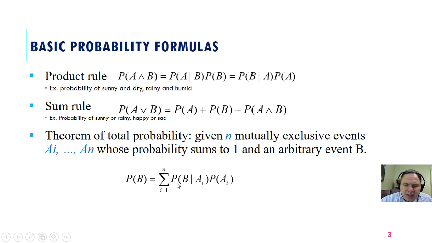To calculate that, we need to go back to the previous equation, which is the sum of the probability of B given A1 times A1.